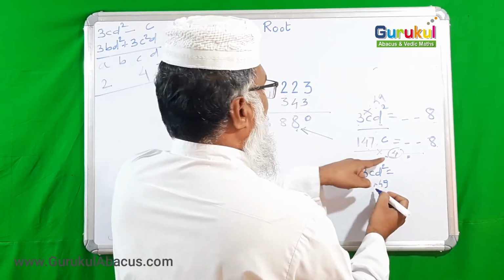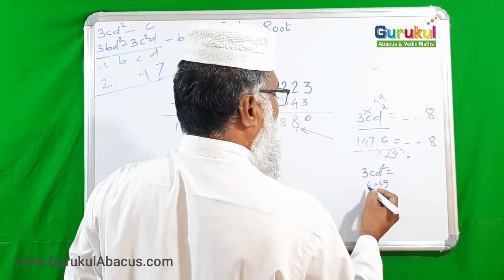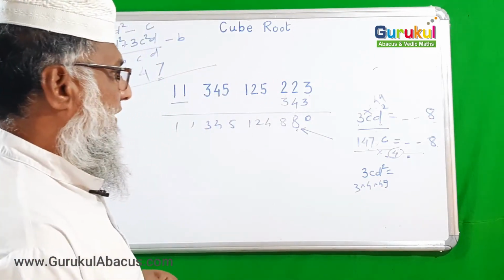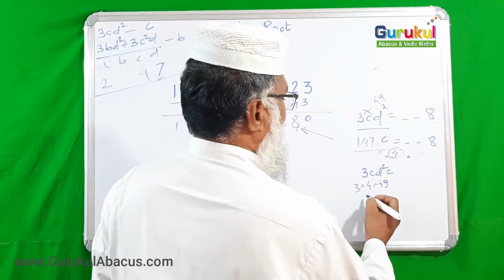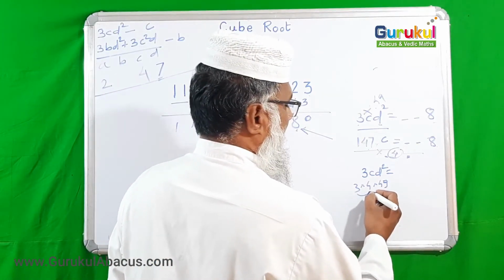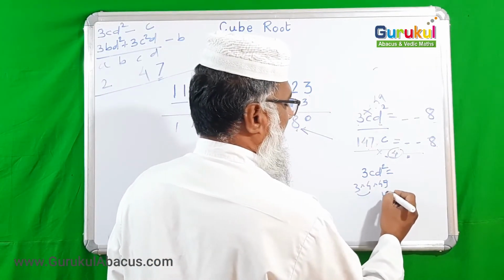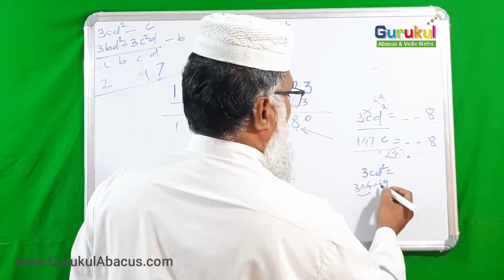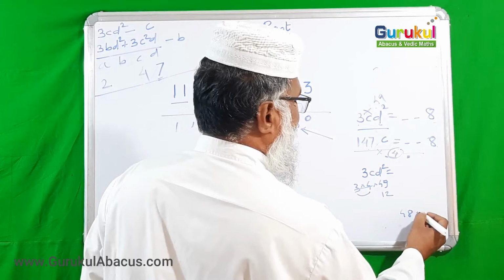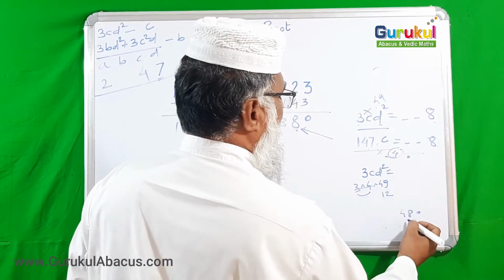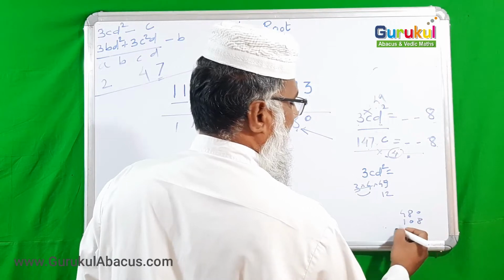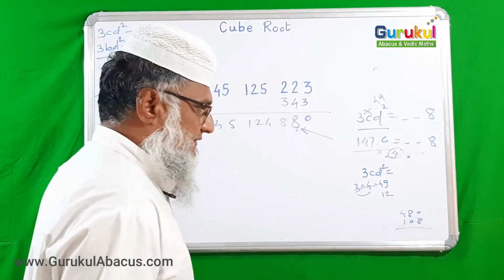Now into C we got just now, that is 4, and already 3 is here. So it is now multiplication. 4 3s are 12, 12 4s are 48 and 12 9s are 108. So 588 is our answer.